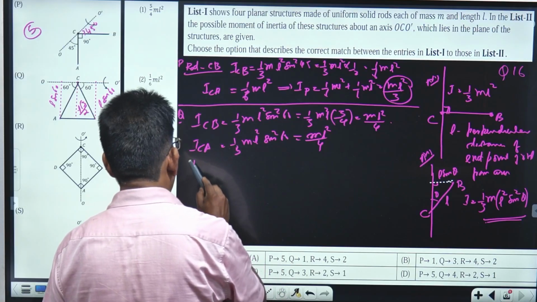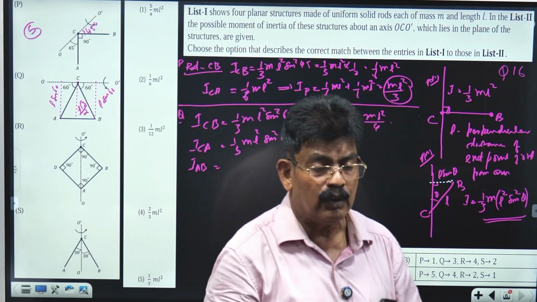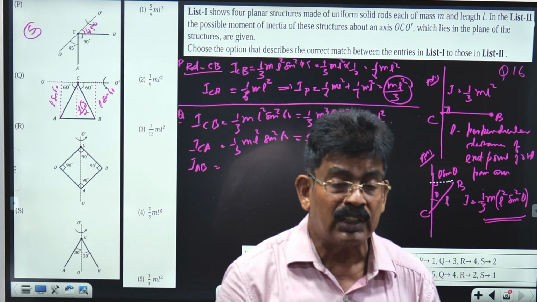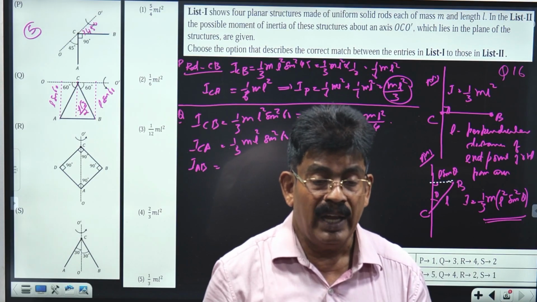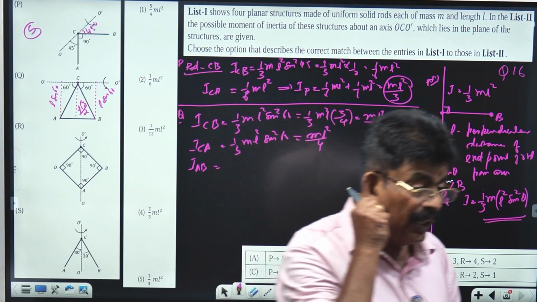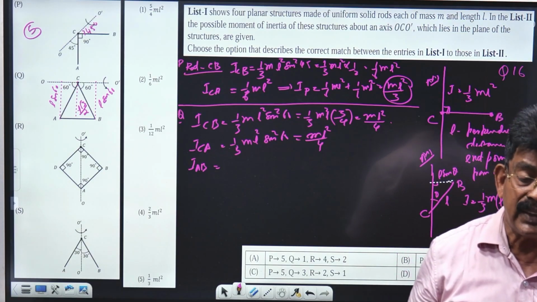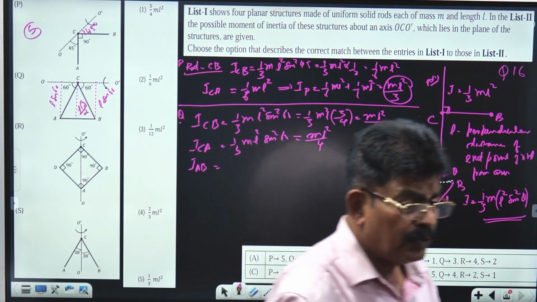And what about IAB? Now, for IAB, I'm going to use a logic. In the case of ring, we have told the moment of inertia about the central axis is mr squared. And what is the speciality of ring? Each and every point of the ring is equidistant from the axis. This is applicable not only in the case of ring.